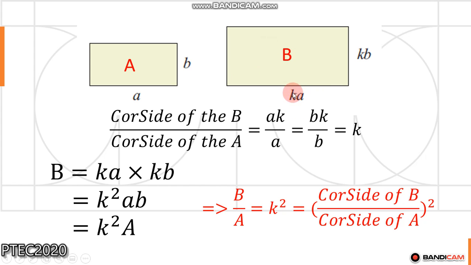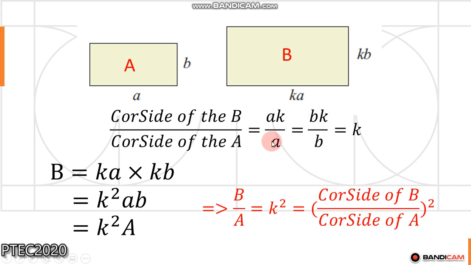So the length of rectangle B will be ka and the width of rectangle B will be kb. Then we can say that the corresponding side of B over the corresponding side of A is equal to ka over a for the length, and for the width it's equal to kb over b.